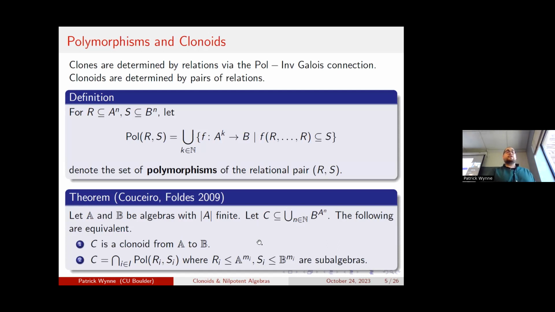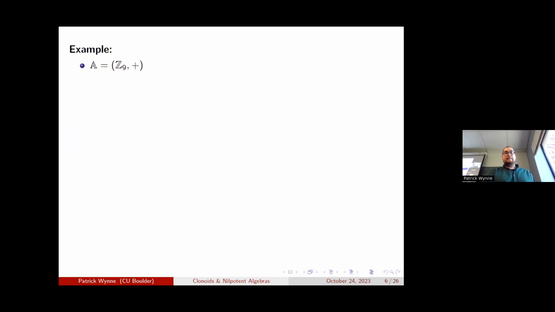And these relations are actually subalgebras of powers of A. In general, for some relational pair, the polymorphisms might not be a clonoid from the algebra A into the algebra B, but if we require that these relations are actually subalgebras, then we get a clonoid. And this condition that A is finite really can be relaxed, but it won't really matter for us since we'll mainly consider just finite algebras A.